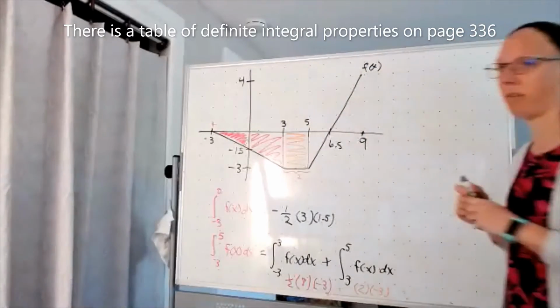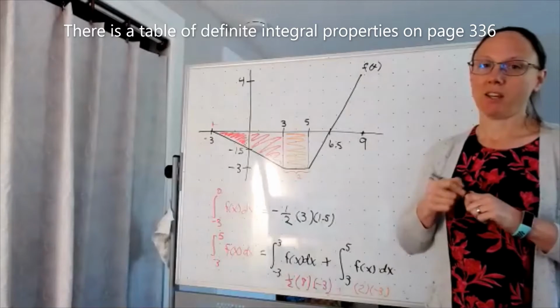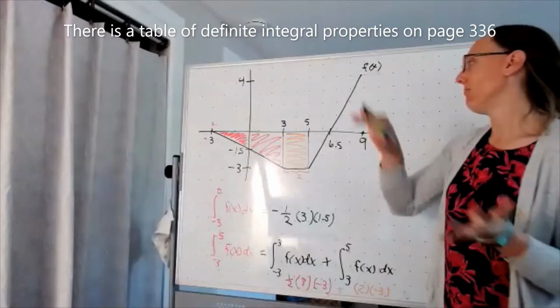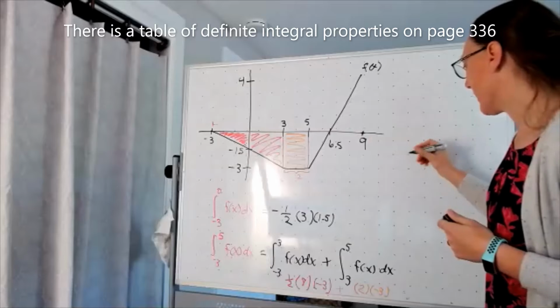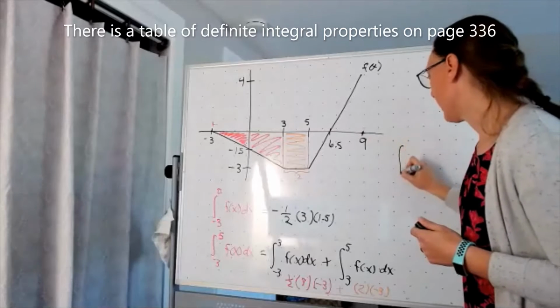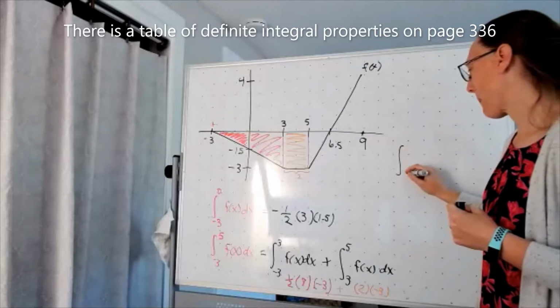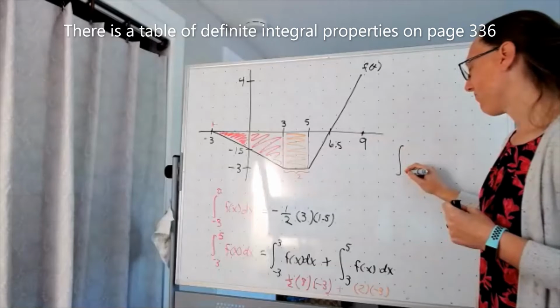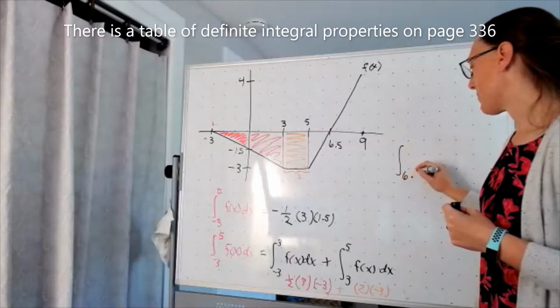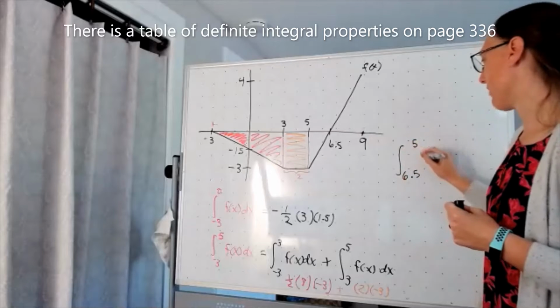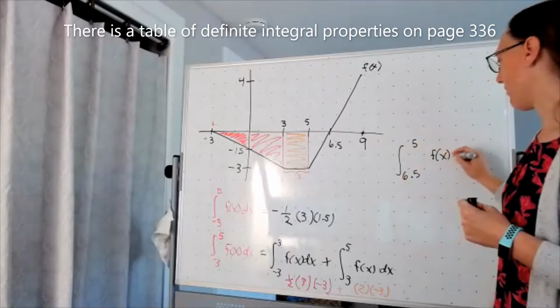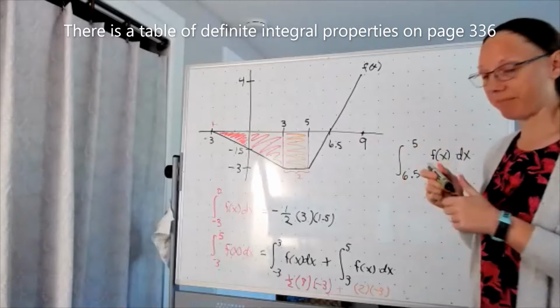There are a couple of things about definite integrals that are more formula-like. So one example of that would be if I asked us to find the definite integral from 6.5 to 5 of f of x dx.